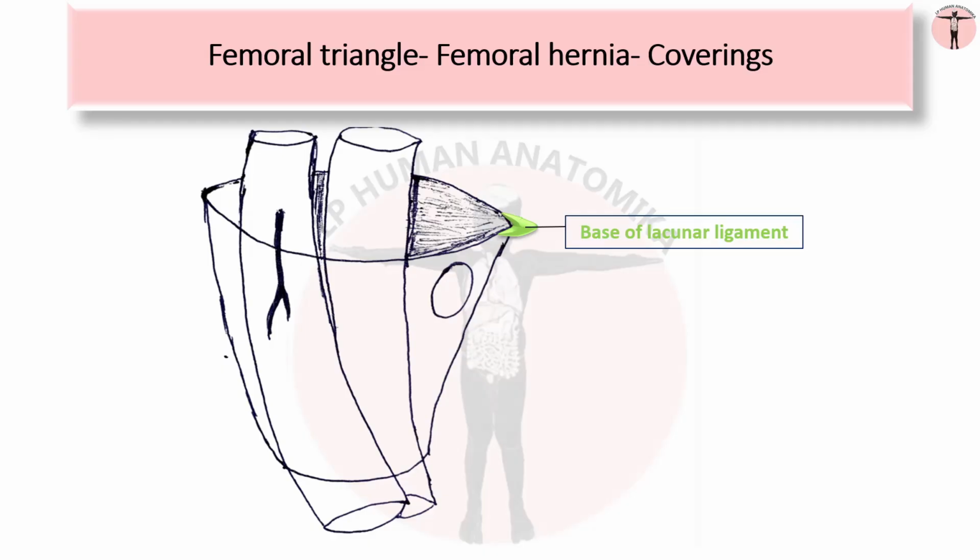This is the only structure which can be safely incised in the majority of cases compared to other boundaries. Because anteriorly, there is the inguinal ligament which cannot be incised due to attachment of muscles and its relation to the inguinal canal.